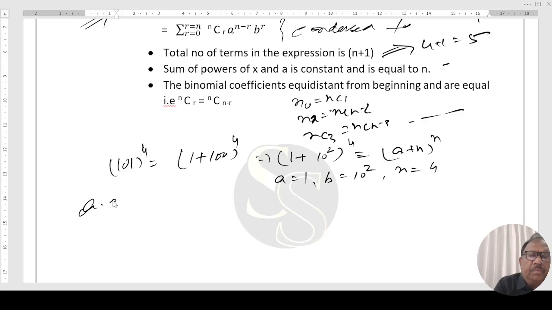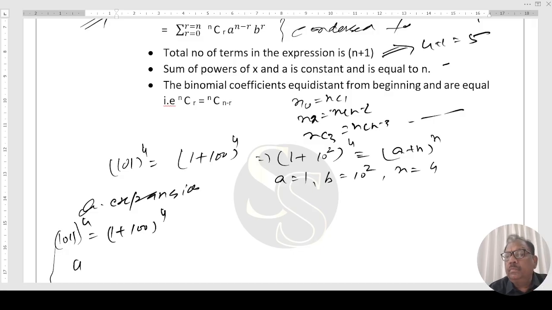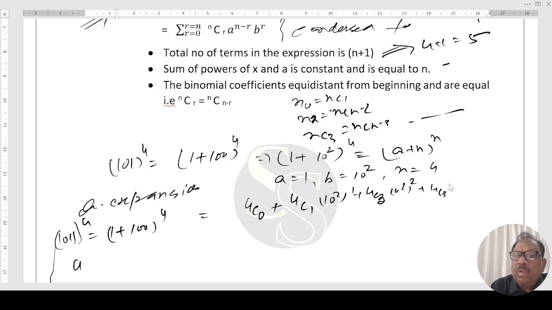Therefore, on expansion we get 1 plus 100 की power 4, that is 101 की power 4 equal to, that comes out to be 1 की पावर, a की पावर 1 है तो 1 1 चलता जाएगा, that is 4c0 plus 4c1 10 की पावर 2 into 1 plus 4c2 10 की पावर 2 की power 2 plus 4c3 10 की पावर 2 की power 3 plus 4c4 10 over 2 की पावर 4.